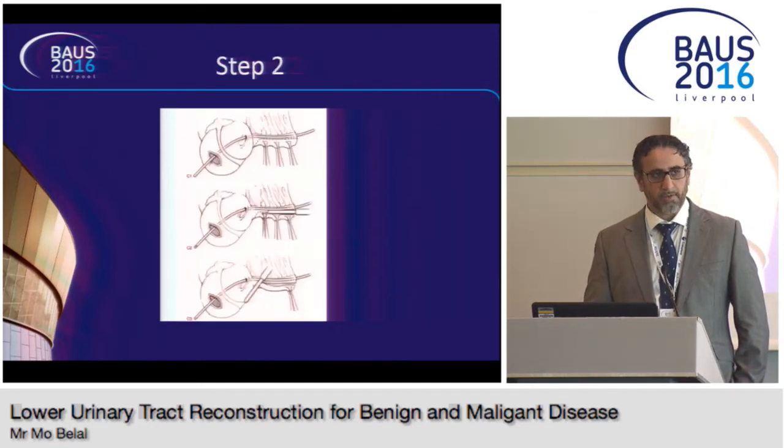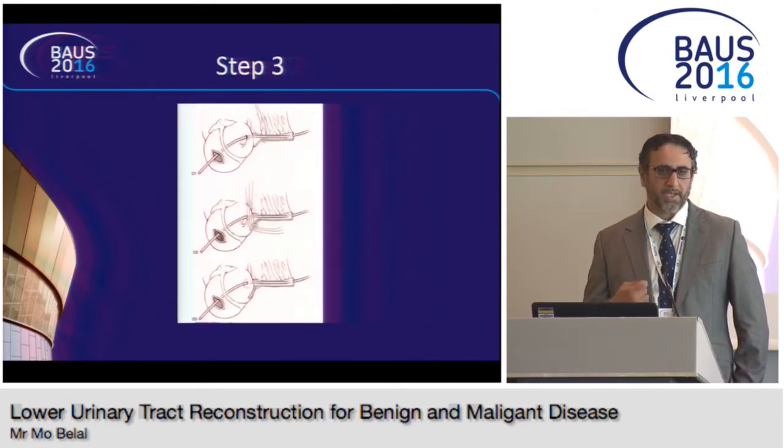Then you create a cystostomy, pass the catheter through into the ileocecal valve. Then you need to taper the ileal segment, which can be done in a multitude of different ways, using staples, excising it, and suturing it in place. Then there are additional plication sutures required to allow the nipple to go in and strengthen that mechanism of the ileocecal valve.